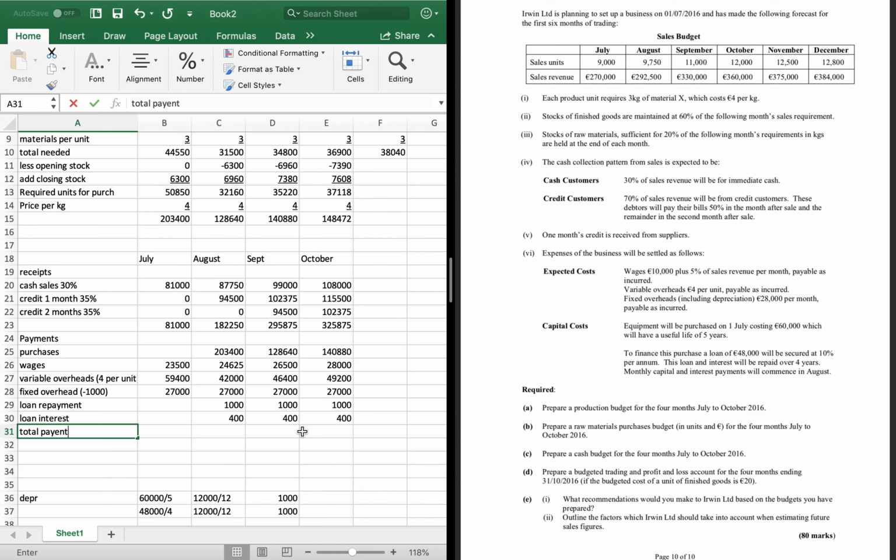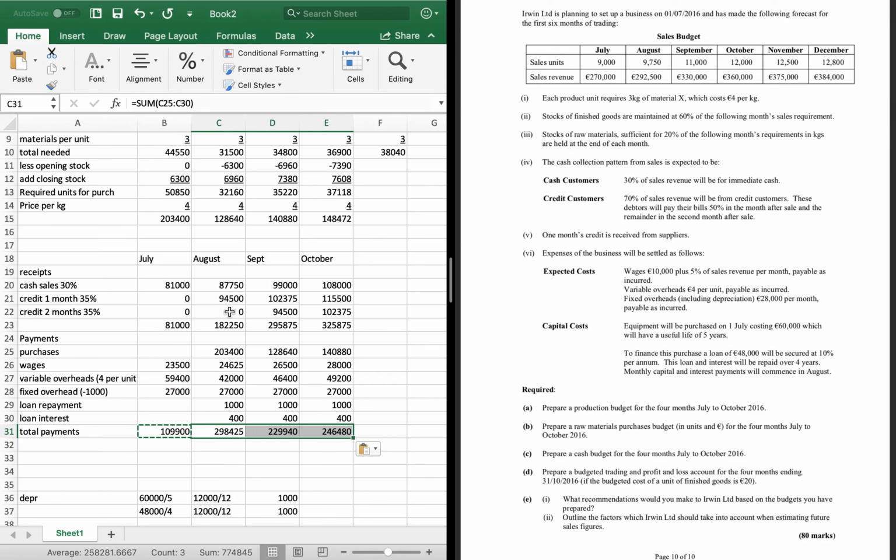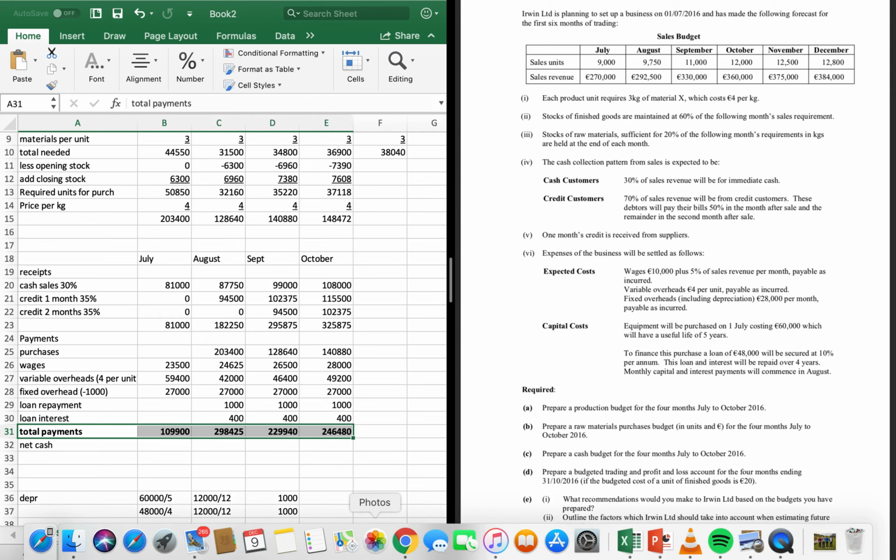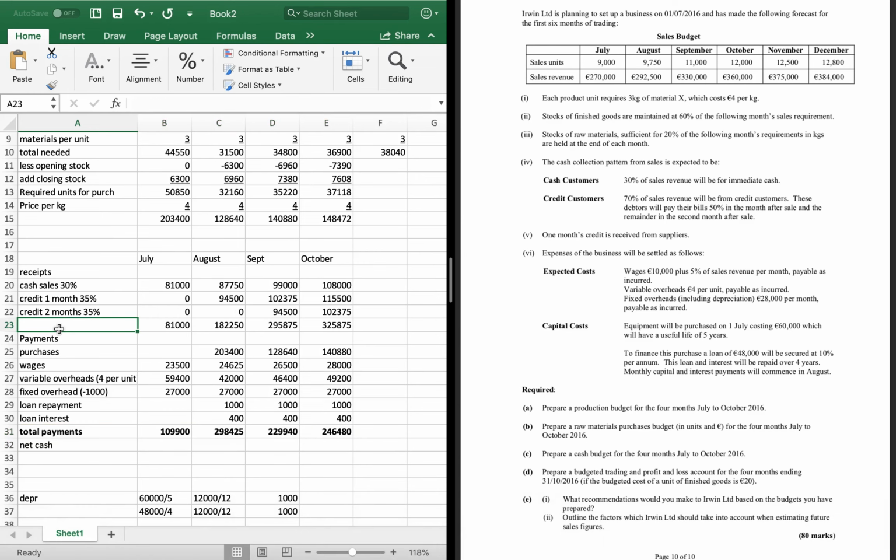Your total payments. So I still would have gotten a H1, despite my mistake. The way I will always get a H1. Okay. So your net cash then. Your net cash is your total receipts minus your total payments.